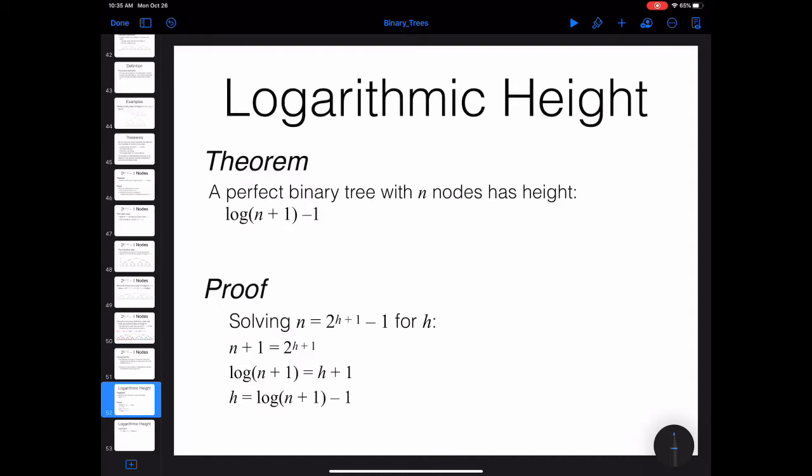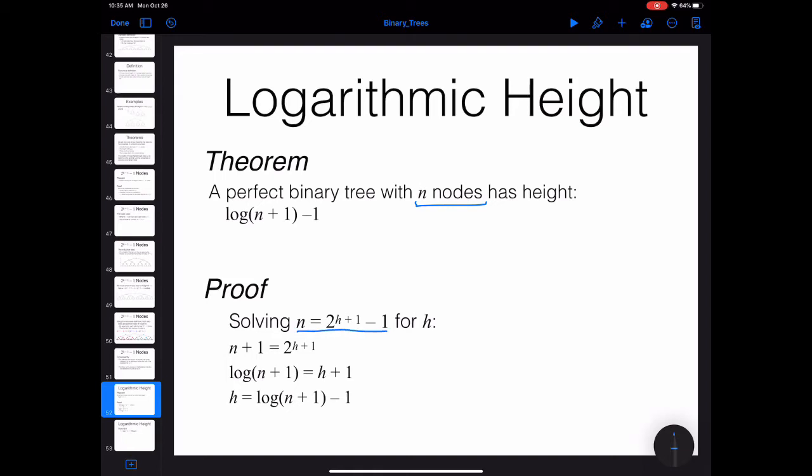The next theorem is actually telling me that the height of a perfect binary tree, if I know the number of nodes in a perfect binary tree, I can calculate the height. It is just the reverse of the previous formula. I know that in a perfect binary tree of height h, the number of nodes is going to be 2 power h plus 1 minus 1, right?